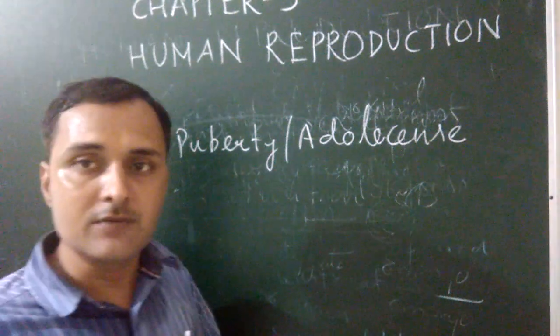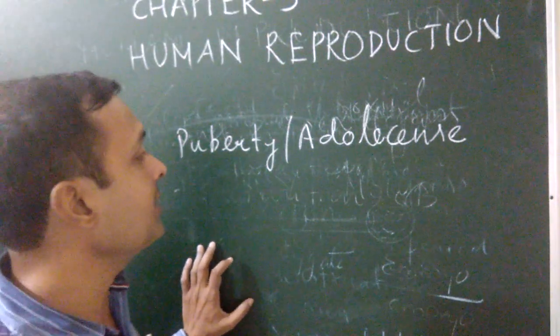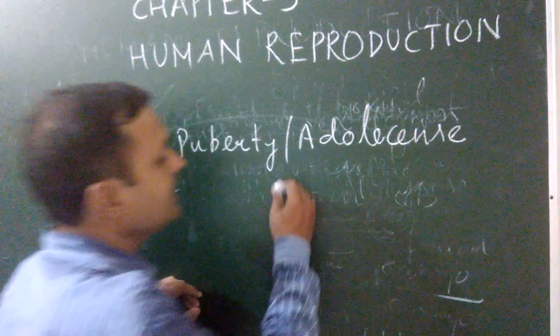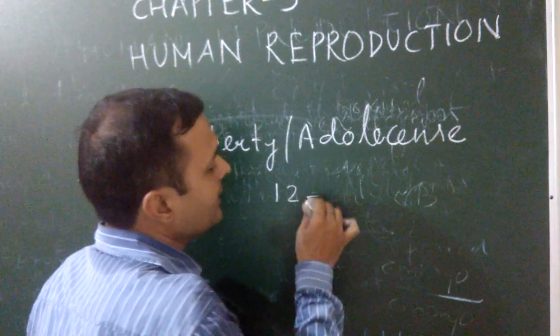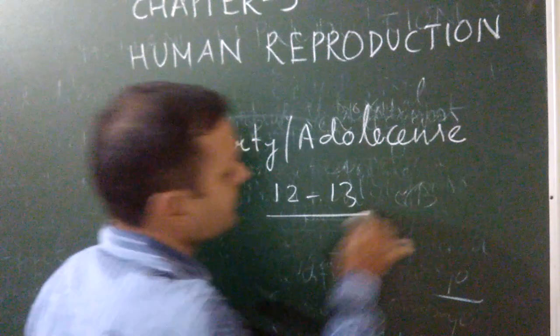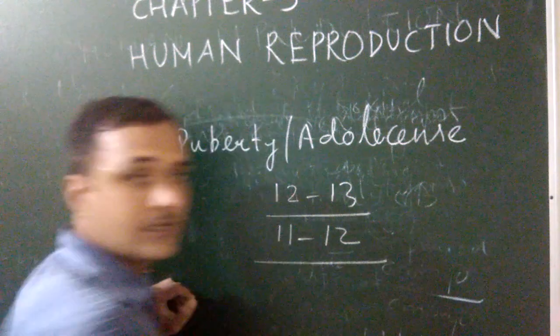The age at which both male and female become sexually mature and able to produce gametes is known as puberty. In human males, it occurs at the age of 12 to 13 years. In human females, it occurs at the age of 11 to 12.